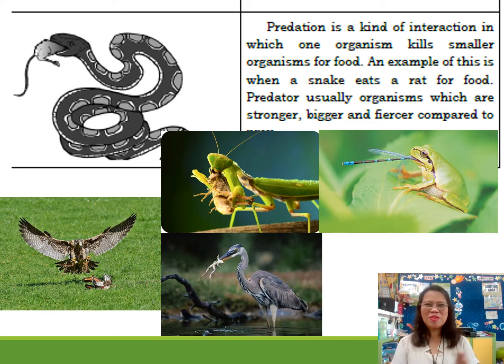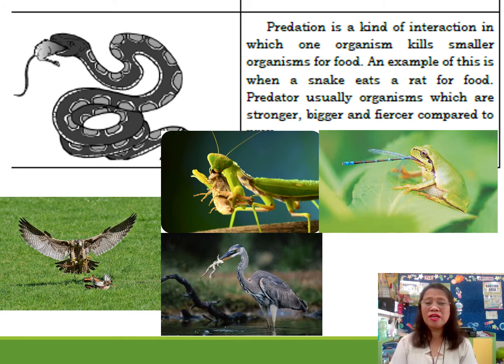Next is predation, the so-called predator-prey relationship. Predation is a kind of interaction in which one organism kills another. Usually, the one killed is the smaller organism. Number one reason is for food. An example of this is when a snake eats a rat. The rat is being eaten by the snake for food.